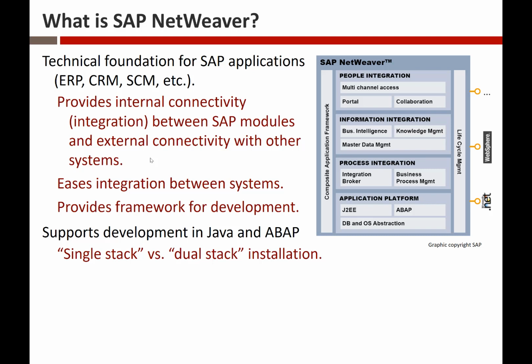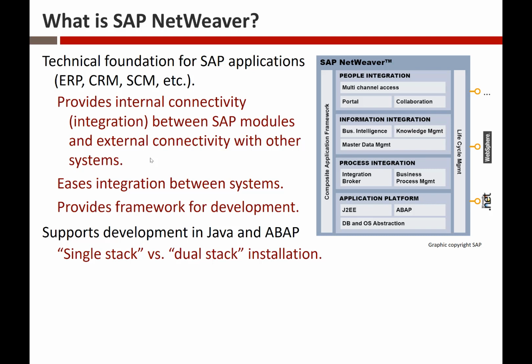Now you'll notice down here in this lower bin of our NetWeaver fridge, this reference to J2EE and ABAP. Of course, J2EE, I trust you recognize that's a reference to Java. So what's the deal here? We see a reference to Java and we see a reference to ABAP.